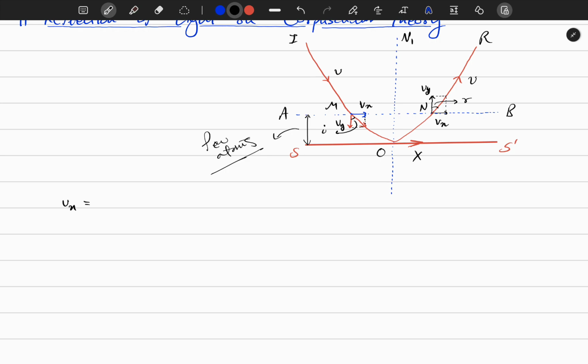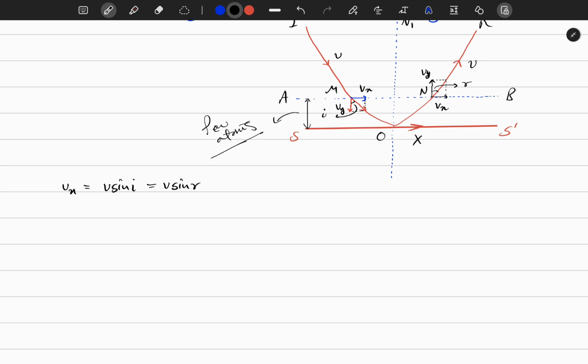Okay, so since the parallel component of velocity, that is Vx, does not change throughout the motion, we can write Vx is equal to V times sine I here, and at point N this is equal to V times sine r.